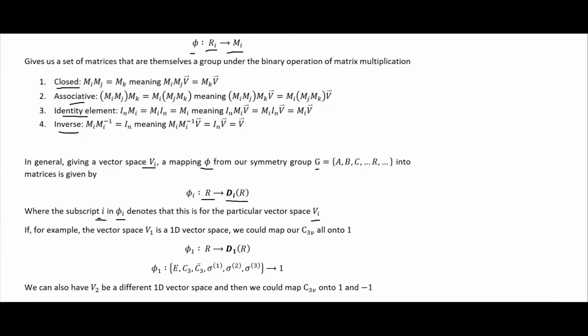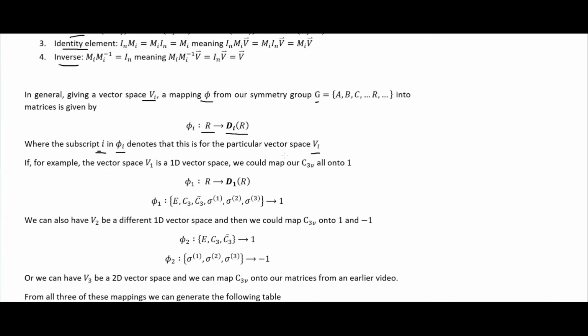So like I said, the I tells us which vector space we're in. So for example, if we're in the vector space V sub 1, which is a 1D vector space, and in fact it's a 1D vector space that's only positive, so we start at 0 as our origin, and we just have the positive number line here, then our C3V can all map onto the number 1.